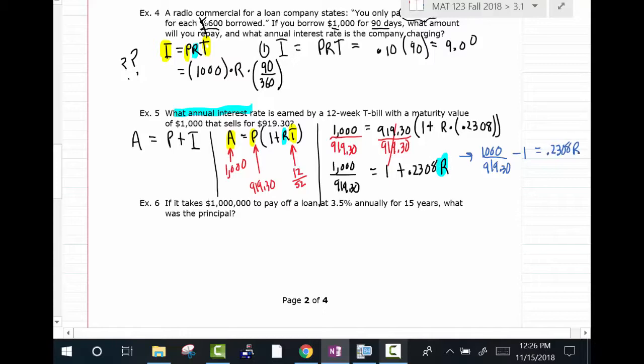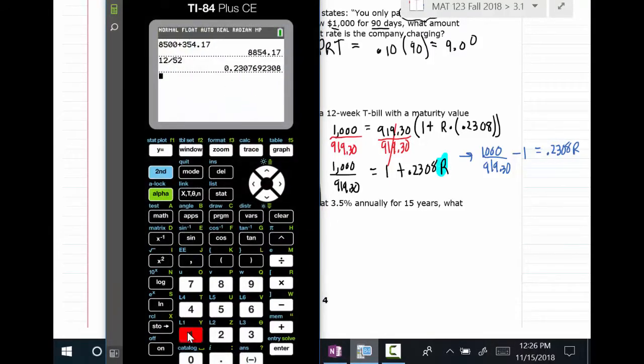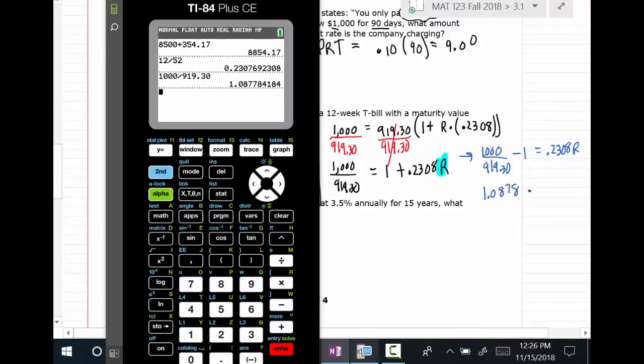0.2308R. And I think students a lot of times on this just kind of begin to do your decimals now, and you could have done this earlier, so I'm going to take 1,000 divide by 919.30. And then we'll round to like 4. That's kind of a good basic thing to do. So that's going to give 1.0878 minus 1 equals 0.2308R like that.